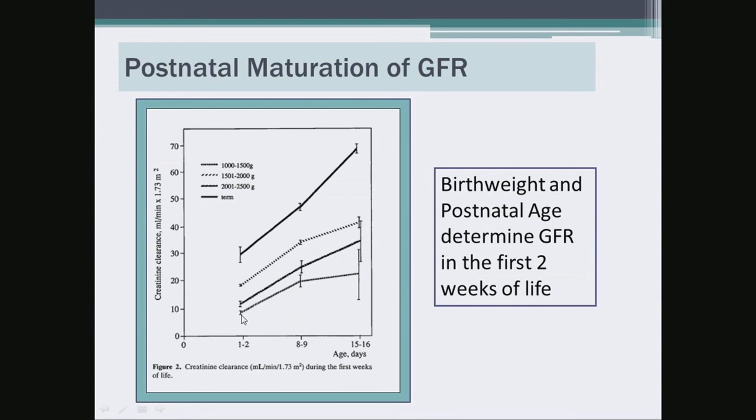But you can see from 1 to 2 days of age up to 15 to 16 days of age, a change in GFR. For the smaller preterm babies, from 1,000 to 1,500 grams, even at 2 weeks of age, their GFR is lower than a term baby in the first few days of life. That is why we have longer dosing intervals for preterm babies for prolonged periods of time.